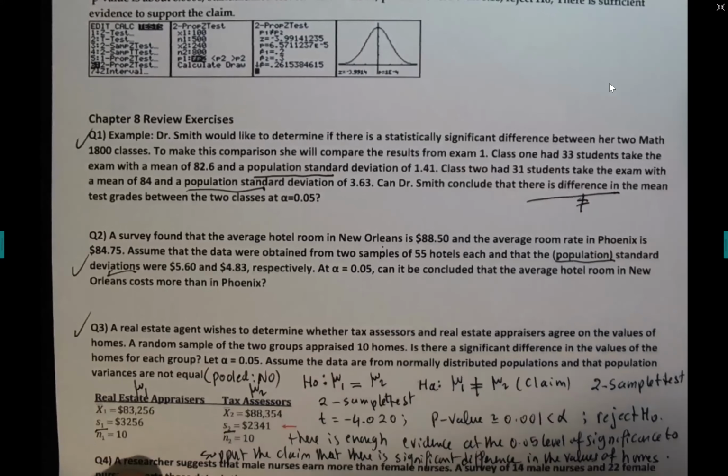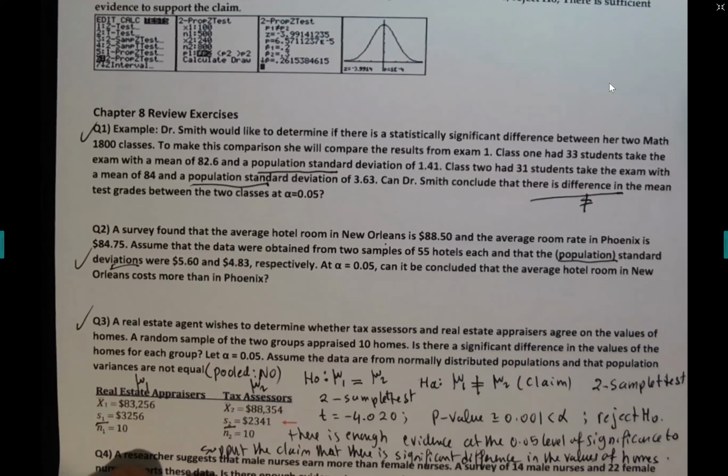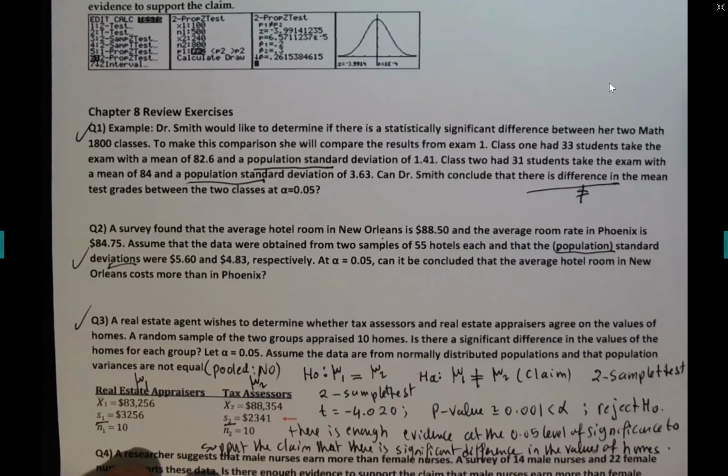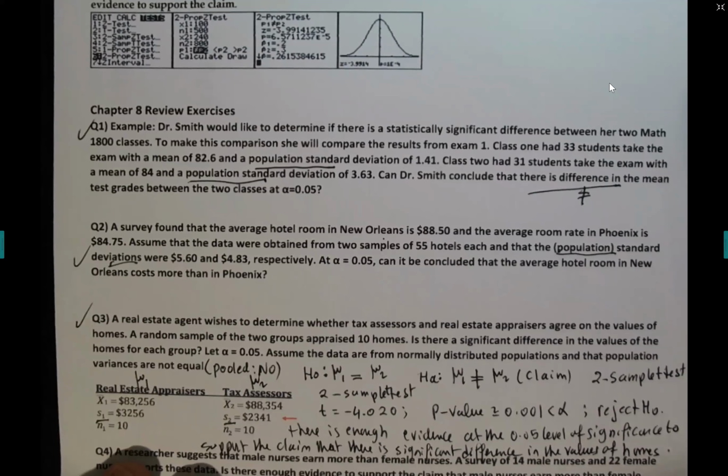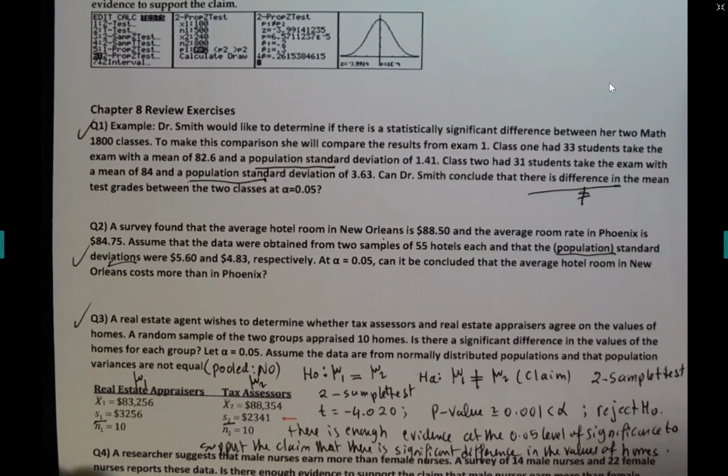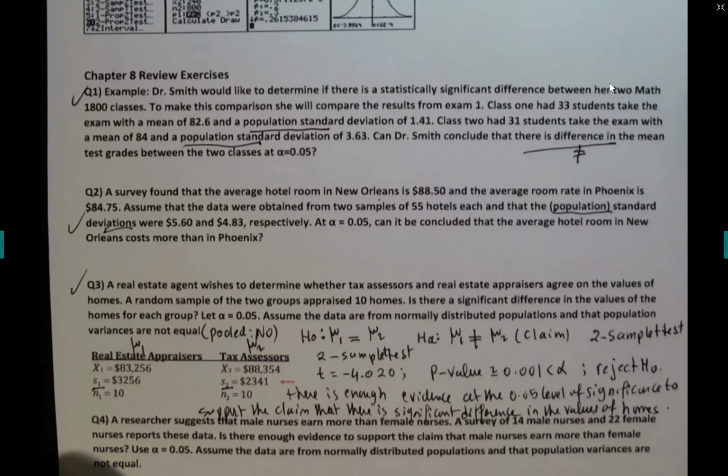You know, the tax assessors work for the city, and the higher the value of the house, the more taxes the city will generate. So usually they're not the same. All right, so that is question number 3.